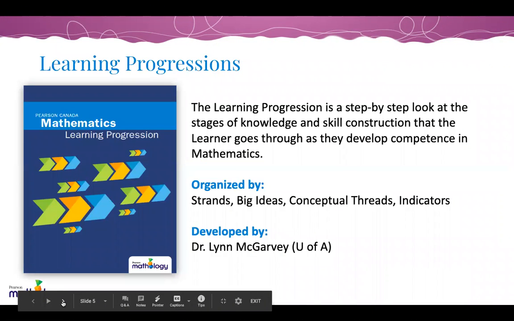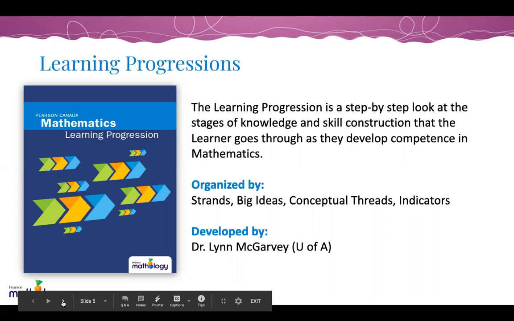So we're going to follow through using the learning progression, and the learning progression really is a step-by-step look at the stages of knowledge and skills that a learner goes through in developing competence in mathematics. It's organized by strands and big ideas, and I'm going to show you how they're laid out on the next screen.